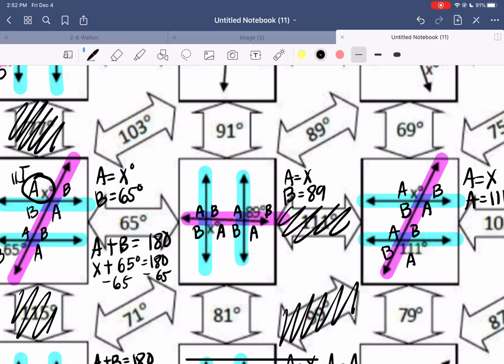So A plus B, so we have X plus 89 equals 180. So subtract 89 from both sides, and we get X equals 91.